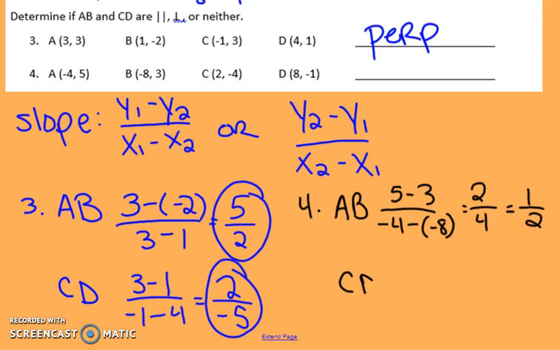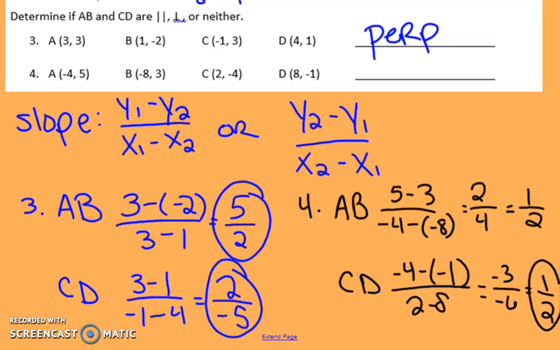If I find the slope of CD, it is -4 minus -1 over 2 minus 8, negative 3 over negative 6, which again reduces down to 1/2. So if I look at my two slopes, they are the same. Since they are the same, my lines are parallel to each other.